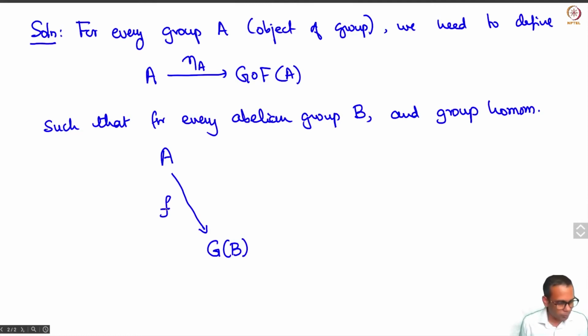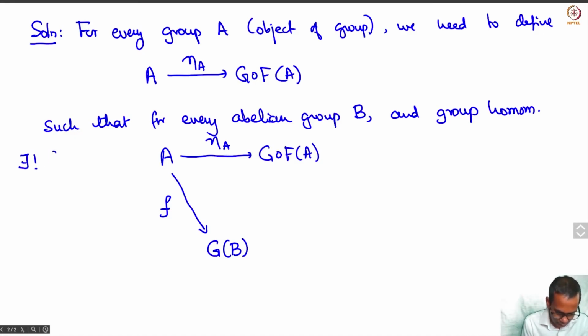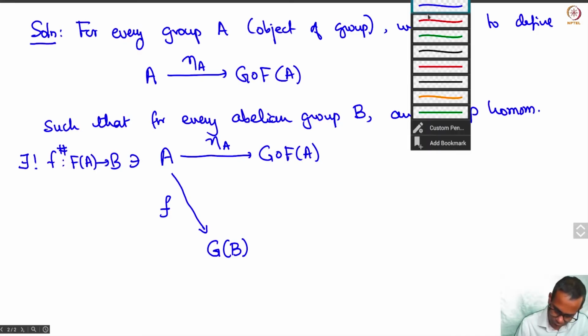So for every group homomorphism here, there exists a unique F sharp from FA to B such that this diagram commutes.